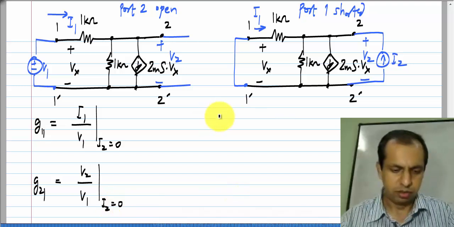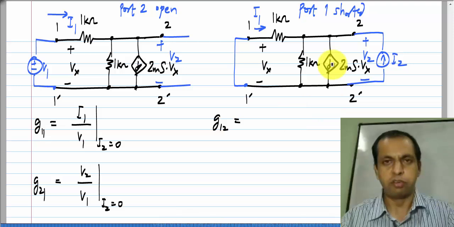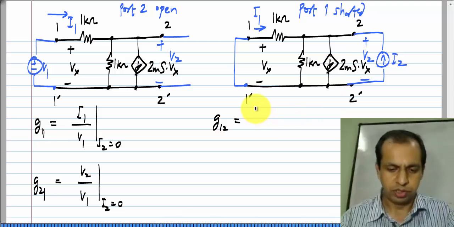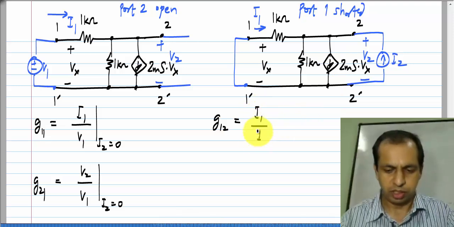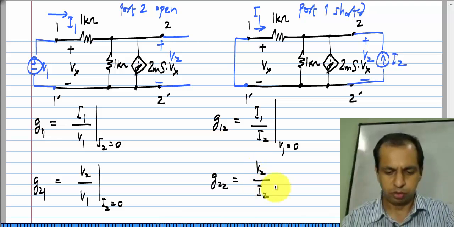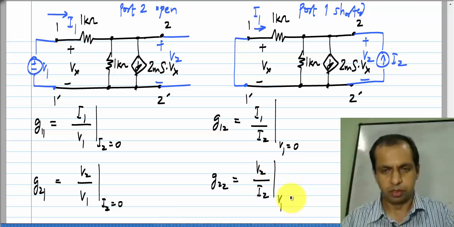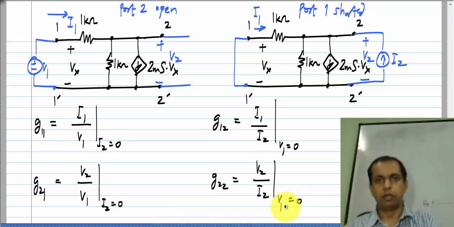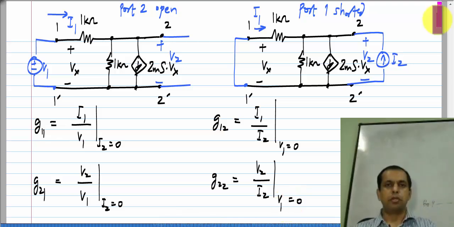Similarly, G12 I get from the second setup, which is I1 by I2 with port 1 shorted, and similarly G22 is V2 by I2 with port 1 shorted. Okay. I won't show the working out of these parameters in detail. Please pause the video at this point and evaluate all of these things and compare it to the answers that I will give. Okay.